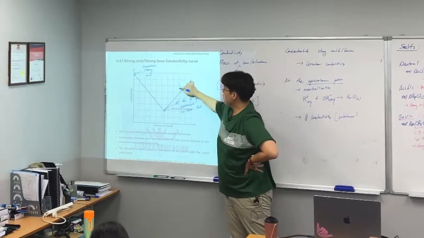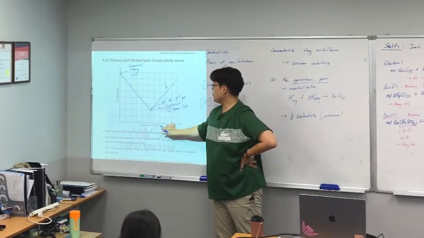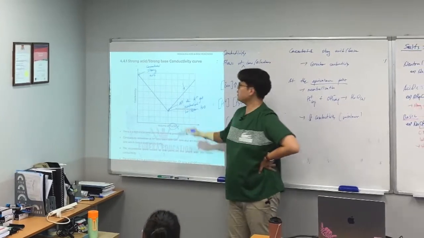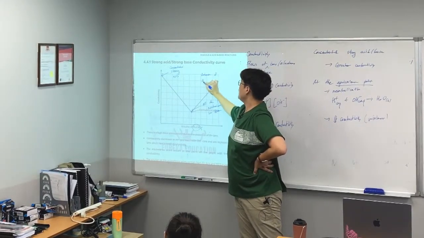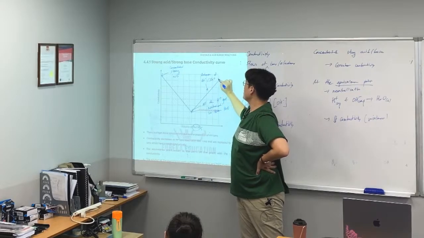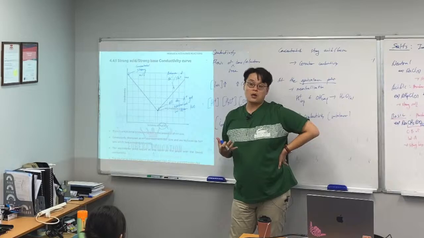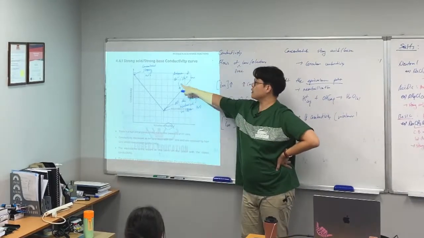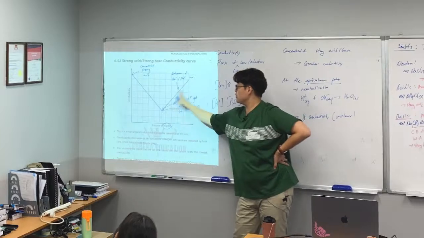Then what happens here? Why is it increasing again? As you're adding some more sodium hydroxide, what happens? There will be more release of hydroxide and sodium ions. That means we're now increasing the conductivity due to the greater amount of hydroxide and sodium ions as you go in this section.